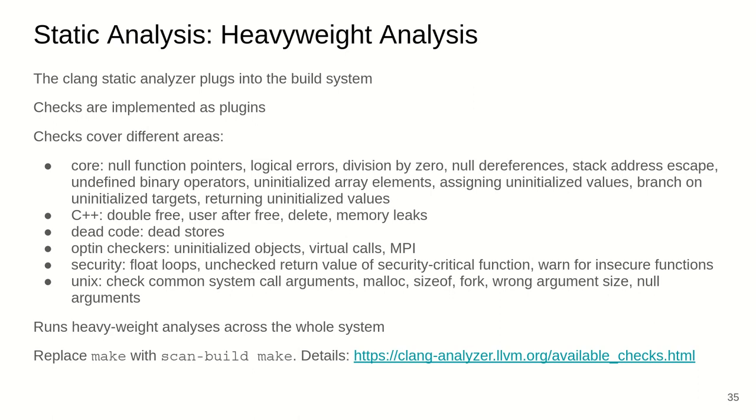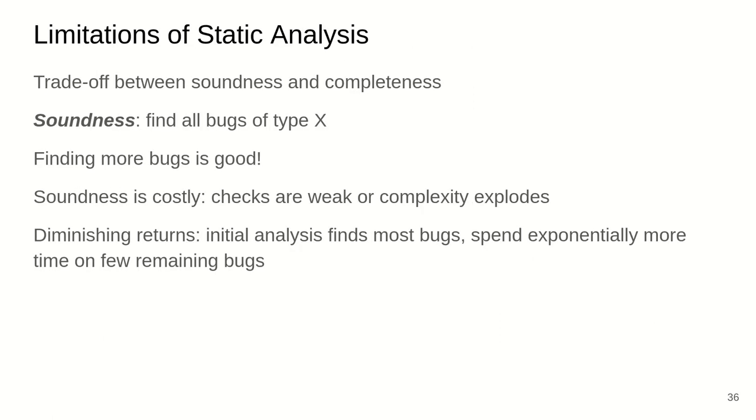Dead code, different kinds of checks for uninitialized objects, some security issues using insecure functions or certain APIs. Right, so these are very heavyweight analyses across the whole subsystem that's being run, and you can run it for your target system by plugging into the build system there. You should check this out as well.